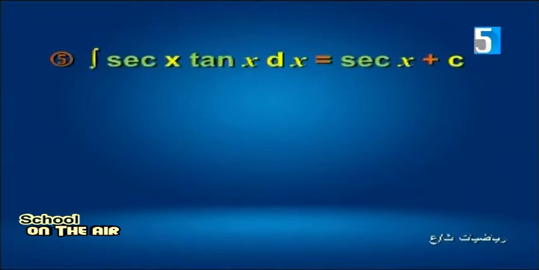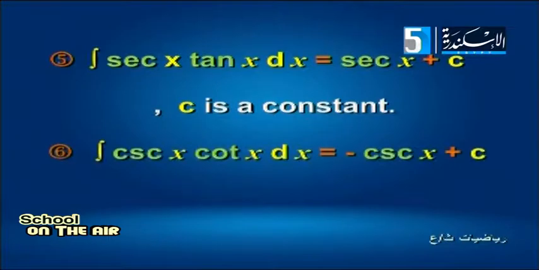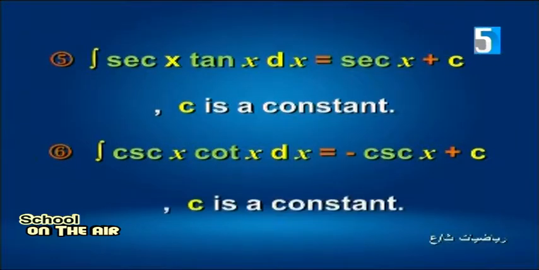Number 5, integration sec x tan x dx equals sec x plus c, where c is a constant. And the last rule, integration cosec x cotan x dx equals negative cosec x plus c, where c is a constant.